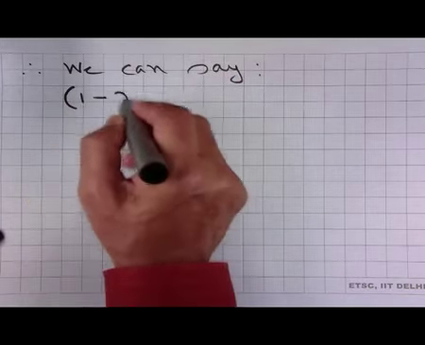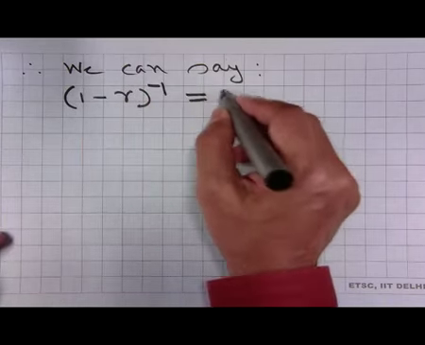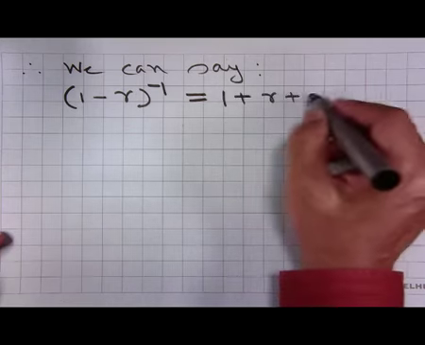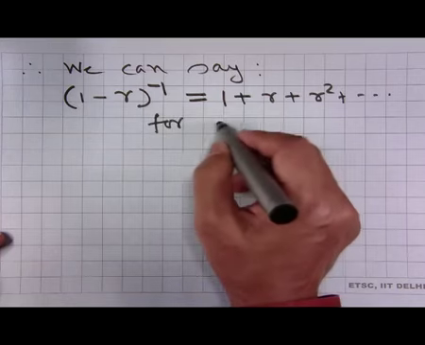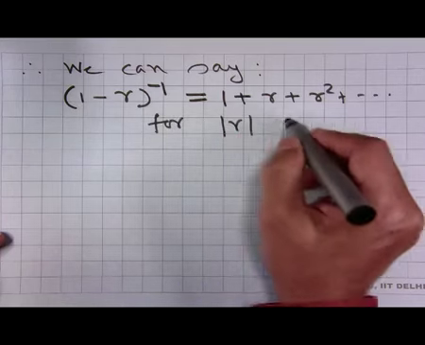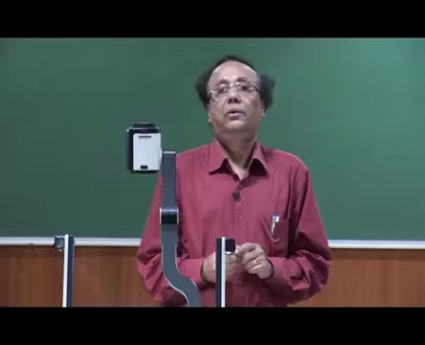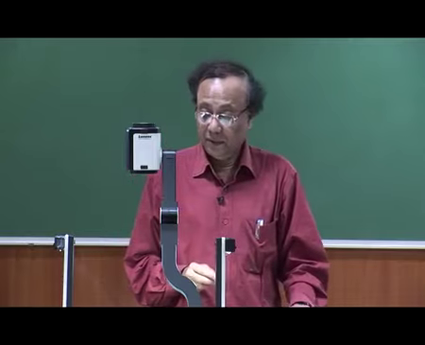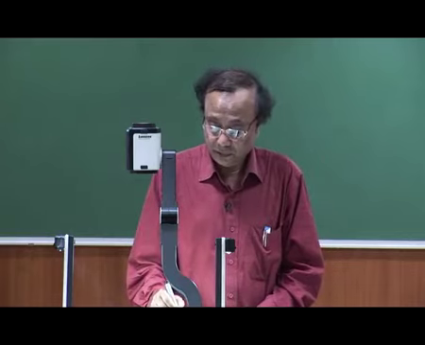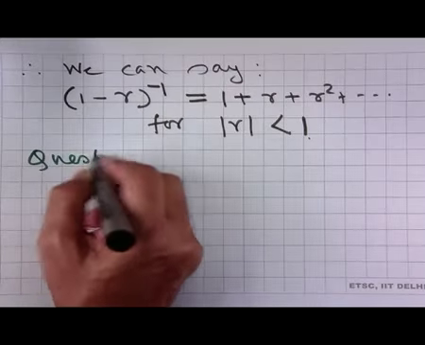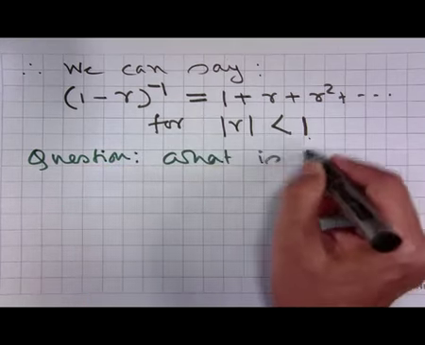So 1 minus r to the power minus 1 is equal to 1 plus r plus r square plus this, for modulus of r less than 1. Okay. Now, the question is, what about 1 plus r whole to the power minus 1?